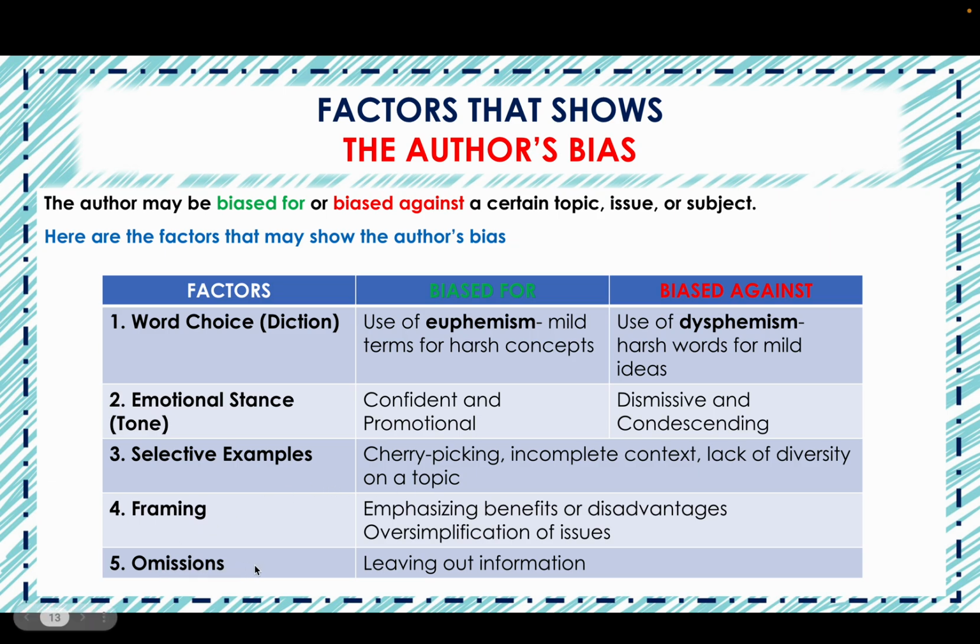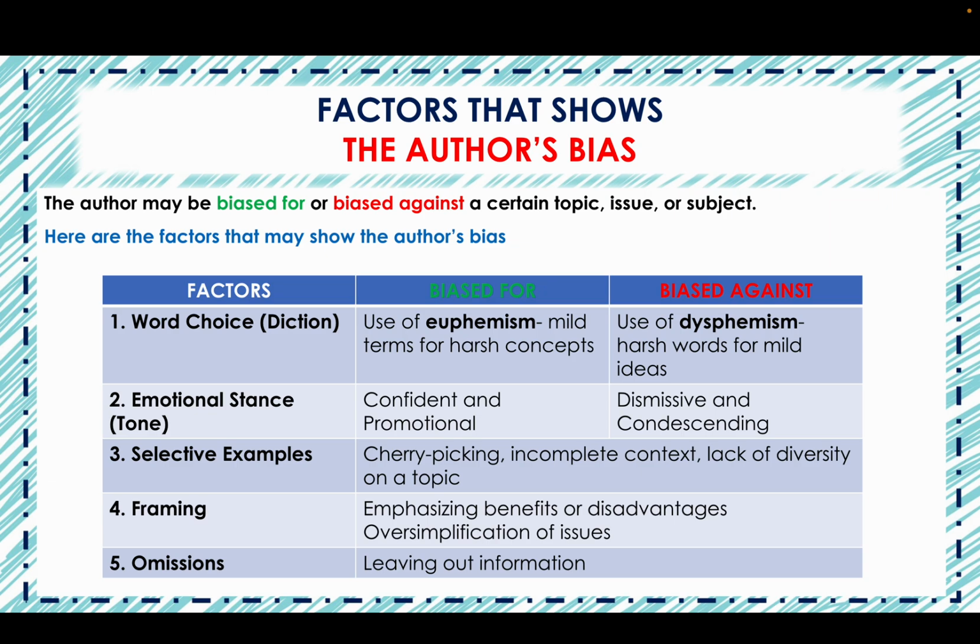And the last one is omissions. When we say omission, it's leaving out information. Just like cherry picking, if you feel that the text is not acknowledging the other key aspects or key points of a topic, then probably the author is leaving out information.